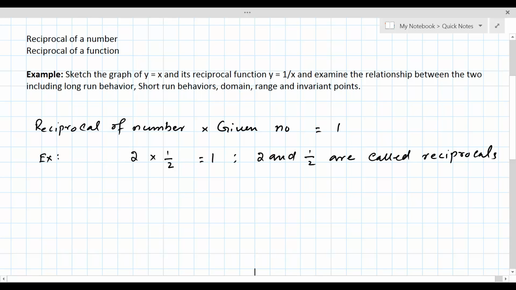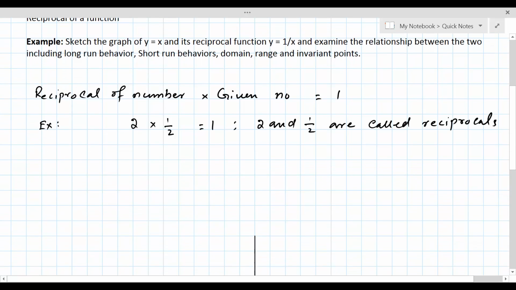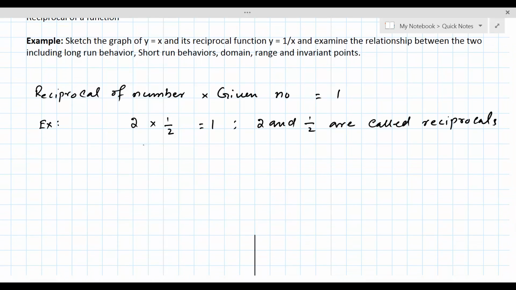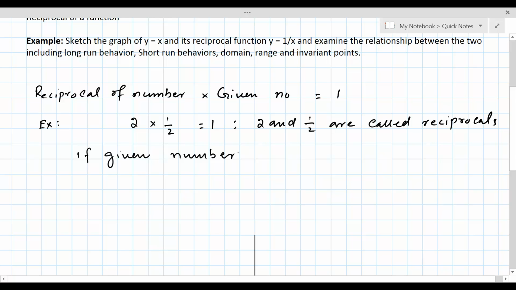And similarly, if the given number is 1 over a, then what would be the reciprocal of the number?